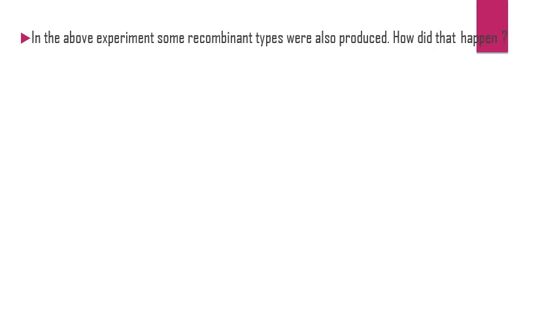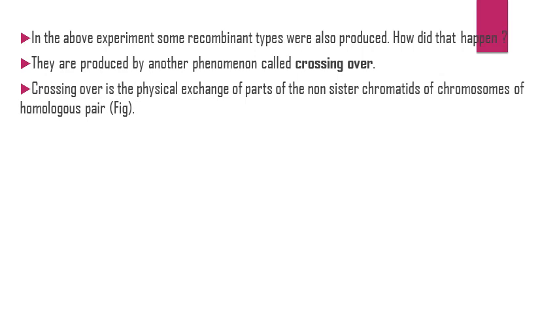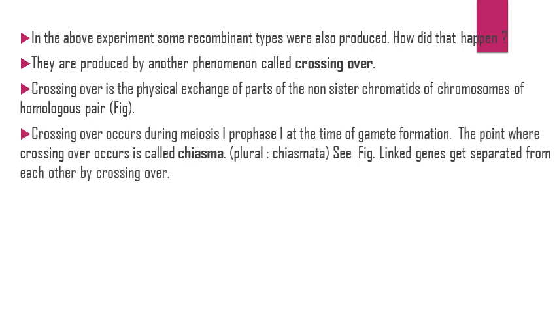In the above experiment, some recombinant types were also produced. How did that happen? They are produced by another phenomenon called crossing over. Crossing over is the physical exchange of parts of non-sister chromatids of chromosomes of a homologous pair. Crossing over occurs during meiosis I, prophase I at the time of gamete formation.